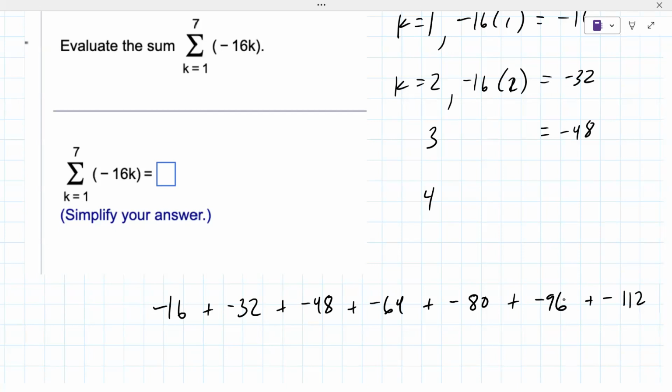Right, so then you just add these all up. So go ahead and calculate that for us, please. I got -448.